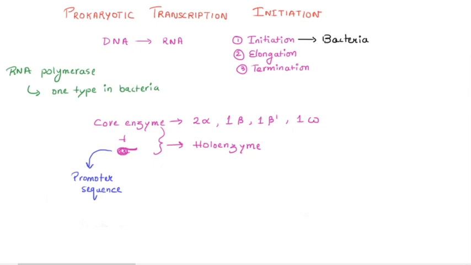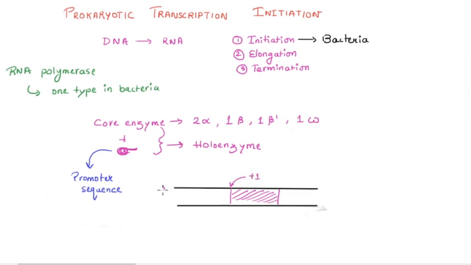Now, if we take a look at the DNA, and let's say this is the gene, then the first nucleotide from where the functional RNA of the gene needs to be transcribed, let's say over here, that is referred to as +1.